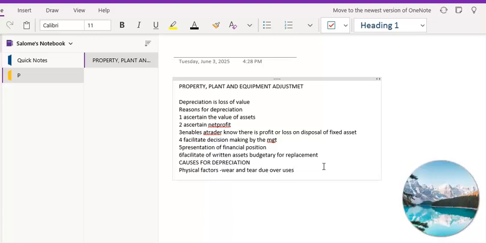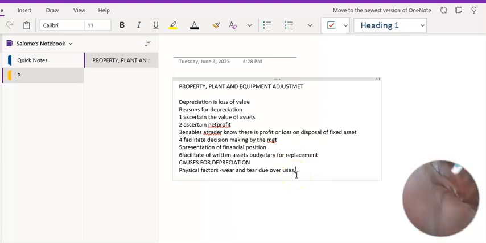The same on physical factors, there is also decay.